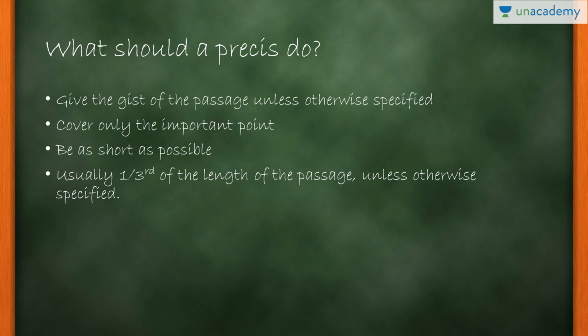It needs to be very short, okay, it cannot be long, and usually in some boards, like for instance the ICC board always specifies the length of a Preci. If the length of the Preci is not specified, then you need to make it 1/3 of the length. Okay, so even if it is a 10-word Preci, you need to write about 3 words. Okay, so that's the whole point of a Preci. It needs to be very short and 1/3 the length of a passage unless it is otherwise told to you.